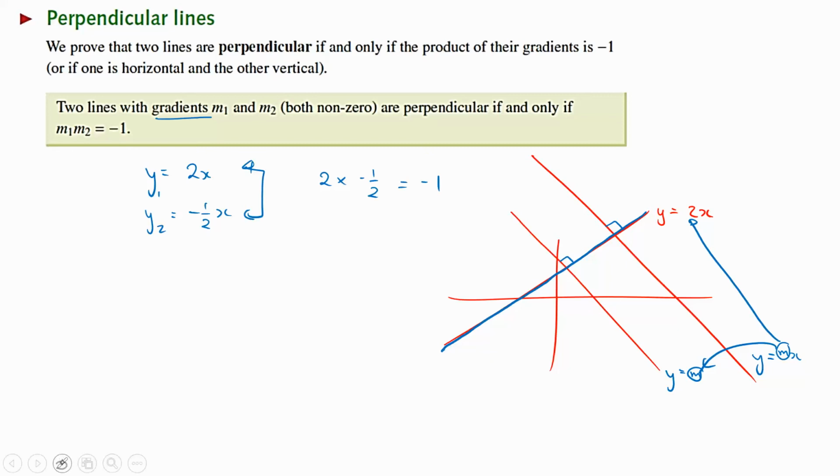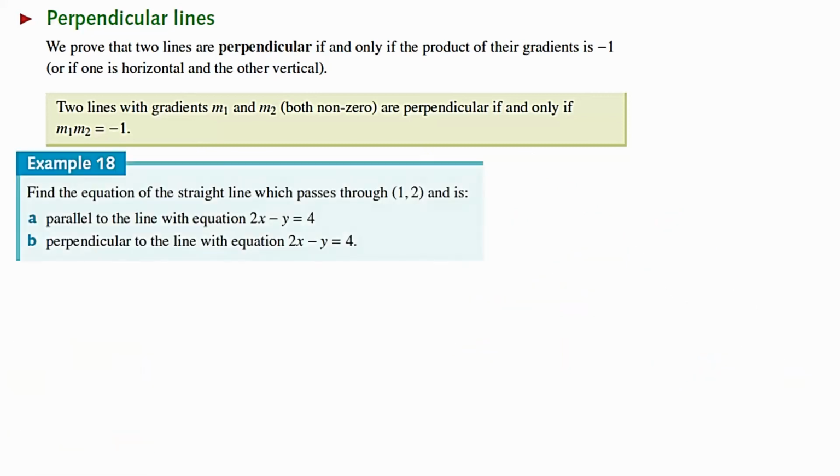Okay, let's do an example. Let's have a look at this one. Find the equation of a straight line which passes through (1, 2). So now I know there's a straight line, y equals mx plus c. Remember from the last exercise, y equals mx plus c passes through (1, 2), so when x is 1, y is 2.